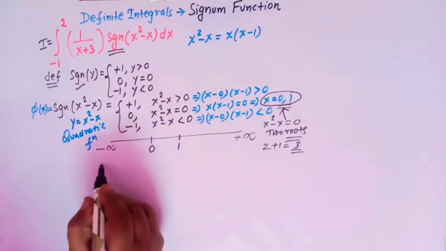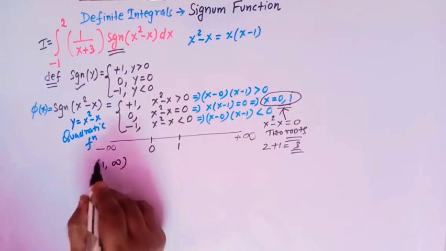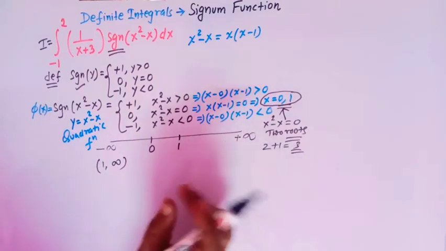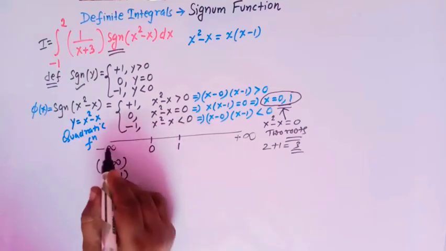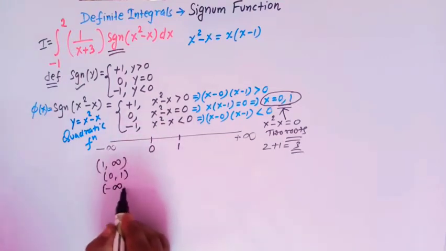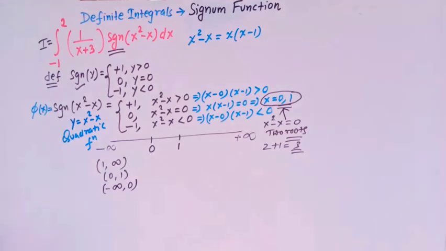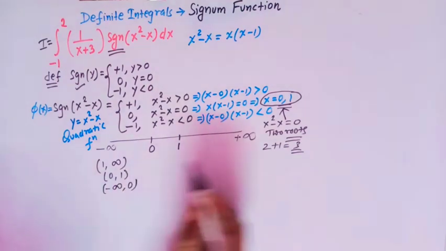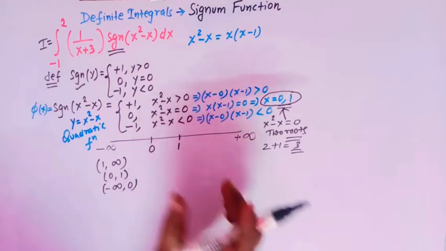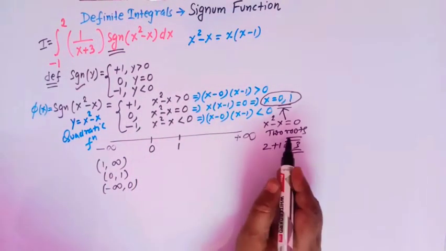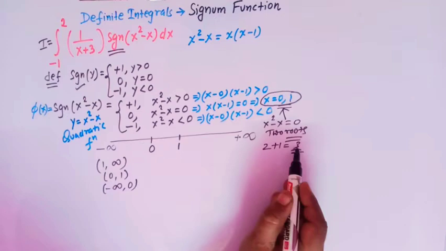So the intervals are: first from 1 to infinity, other is 0 to 1, and the third one is from minus infinity to 0. So we have 2 roots, and the real number line is divided into 3 intervals, 2 plus 1, 3.